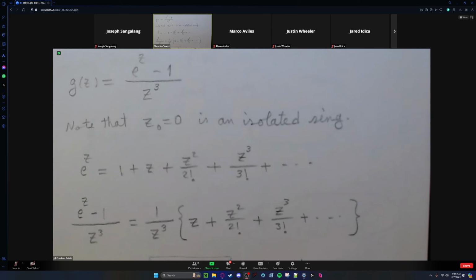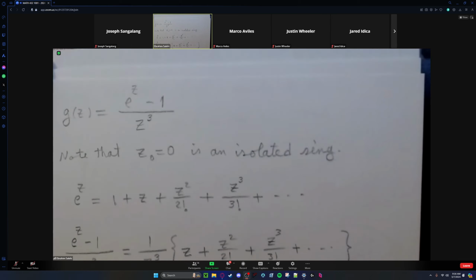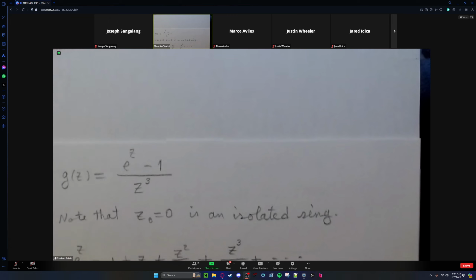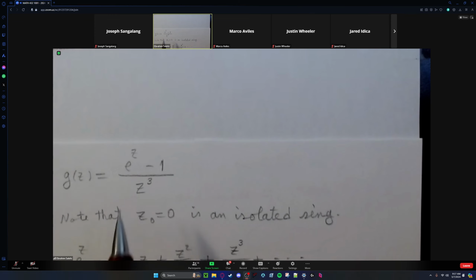Another example. Oh, z equals 0 is a bad point, right? An isolated singularity here. So the question is, what type of singularity? Well, here is e to the z.